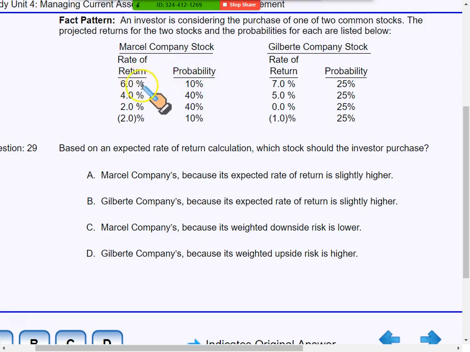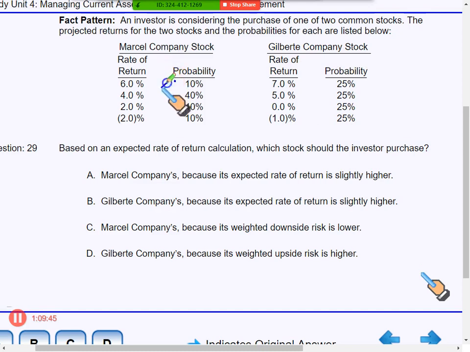This company is generating possible returns of 6, 4, 2 and -2 with these probabilities. Another company, Gilbert company, could have these possible returns with this probability. What exactly do we need? Based on an expected rate of return calculation, just expected rate of return, which stock should the investor purchase?